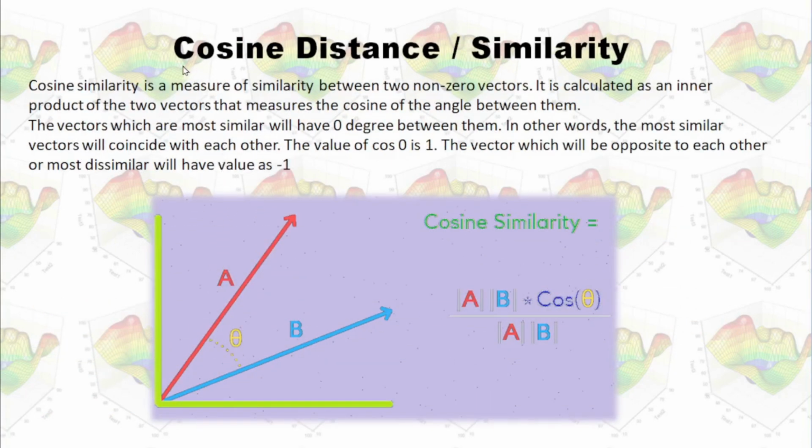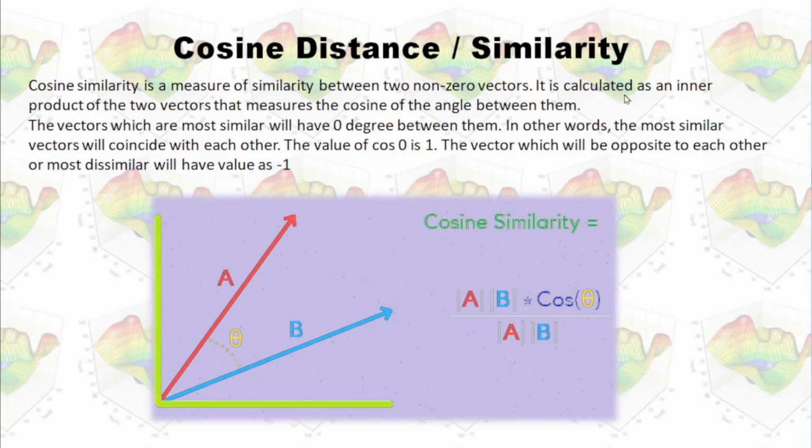Then we have this cosine distance and a concept called cosine similarity. The relationship between cosine distance and cosine similarity is that cosine similarity equals 1 minus cosine distance. The cosine similarity is a measure of similarity between two non-zero vectors.